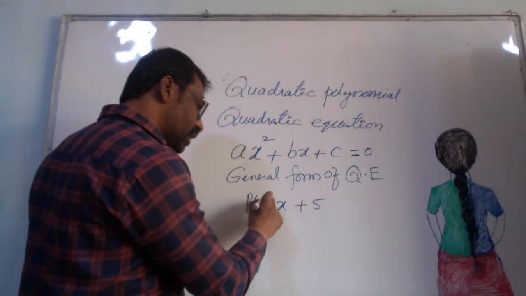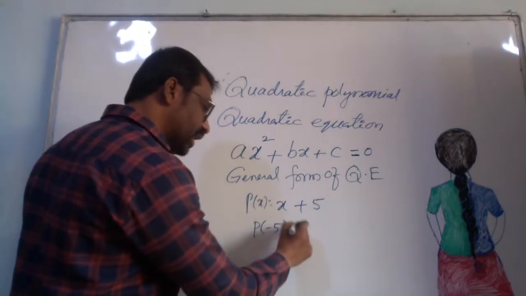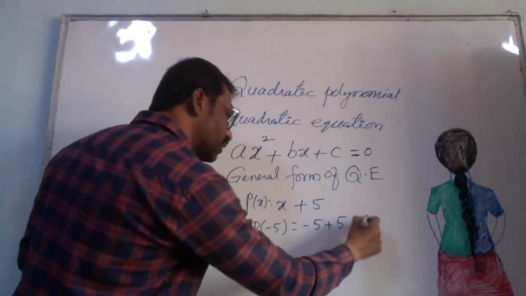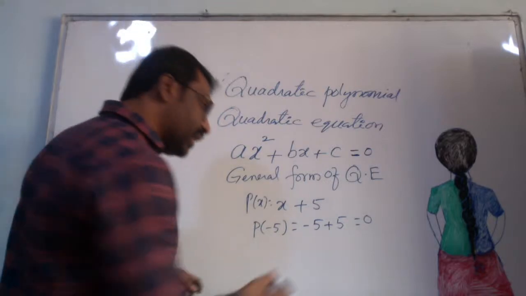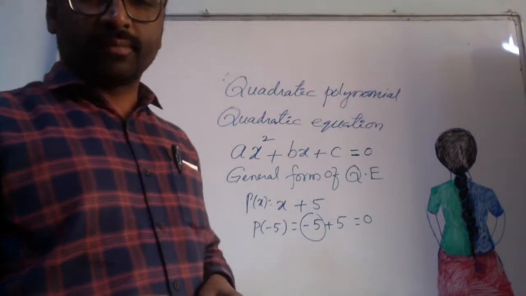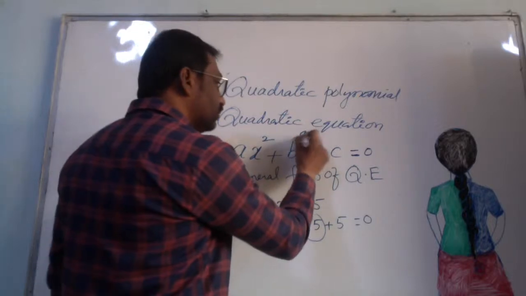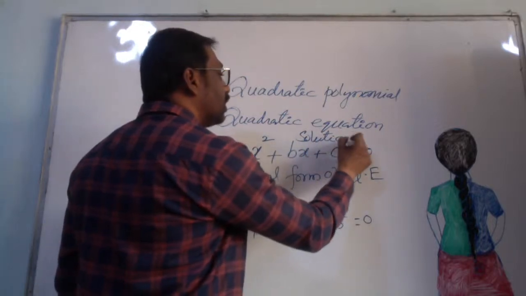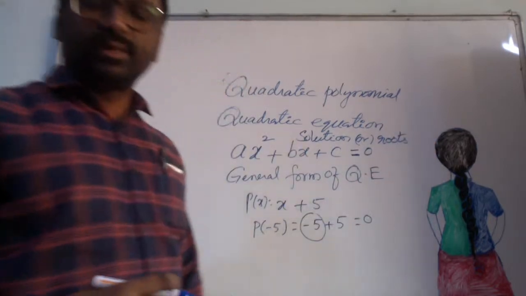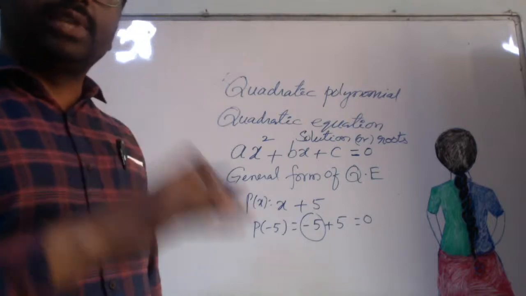This polynomial's value is 0 for x value minus 5, right? So minus 5 plus 5 equal to 0. That's why minus 5 is the zero of that polynomial. These zero values are called solutions or roots of the equation. The zeros of the polynomials are also called roots or solutions of the equation.